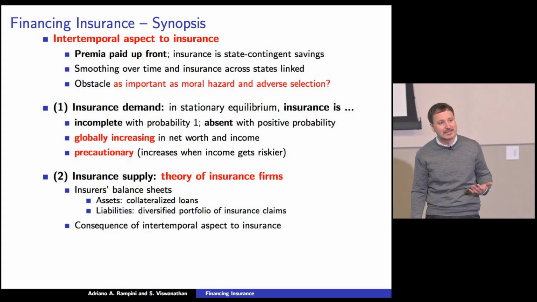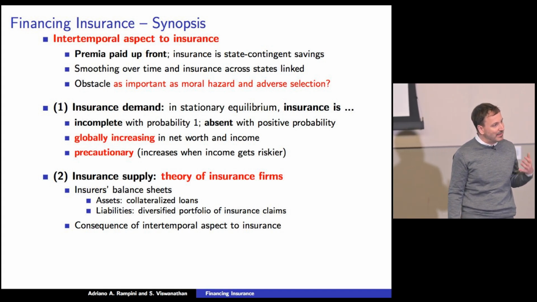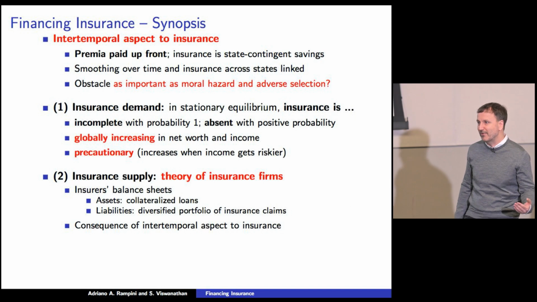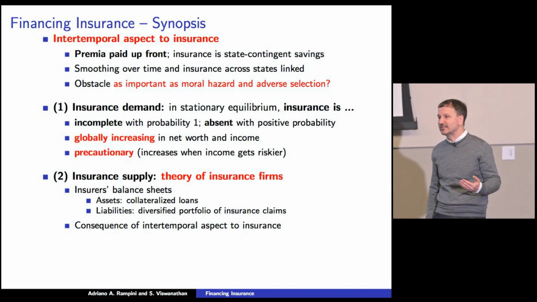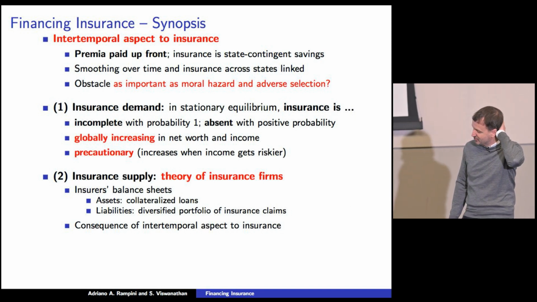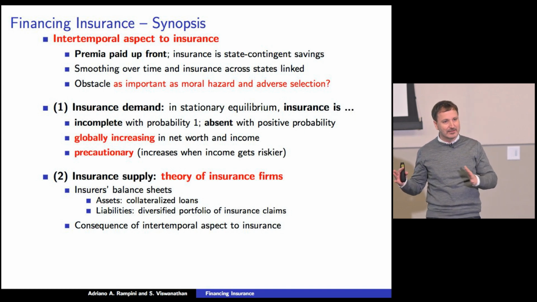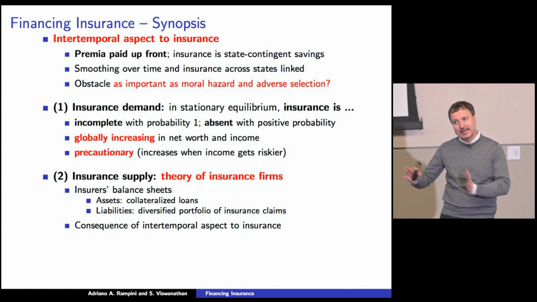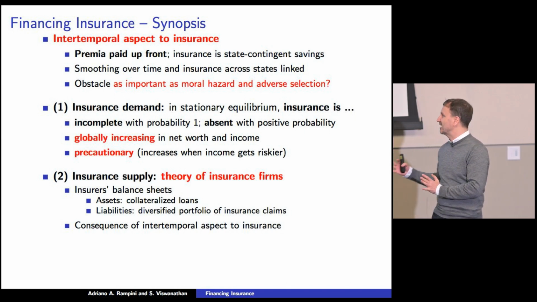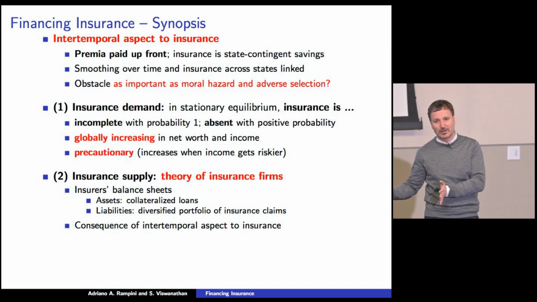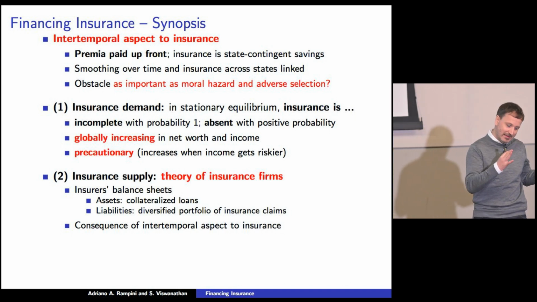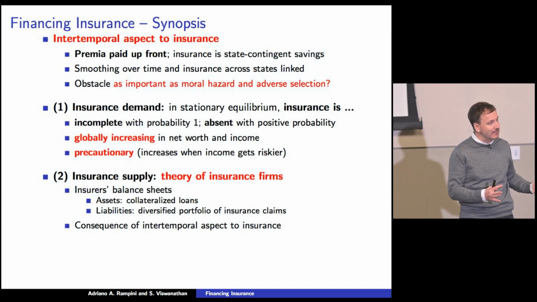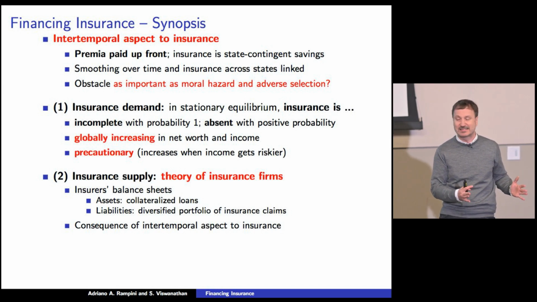Then on the insurance supply side, this is going to give us a step in the direction of providing a theory of the insurance company. In particular, our insurance companies will have a balance sheet with assets and liabilities. The assets will be collateralized loans, mortgages, if you want, and the liability side will be a diversified portfolio of insurance claims.